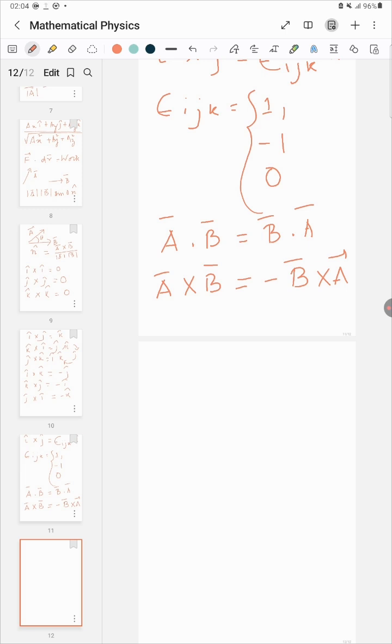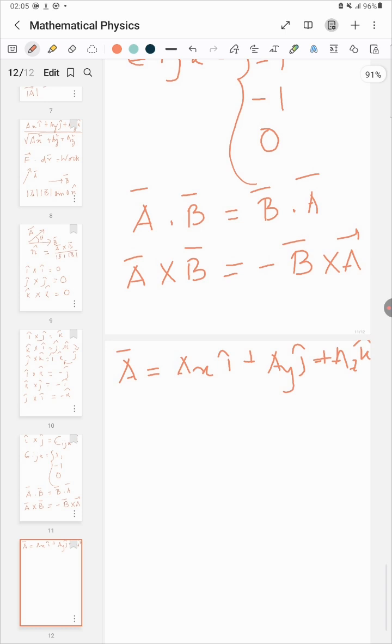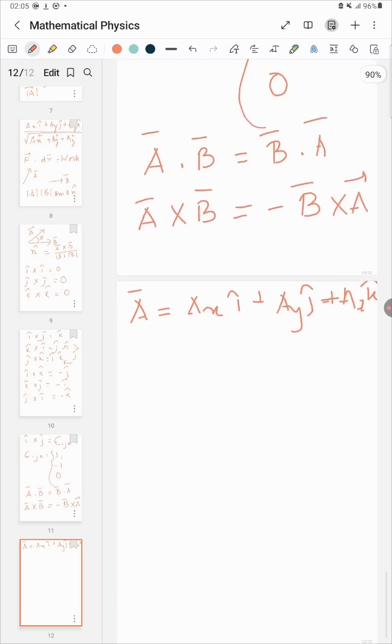So how do we find out? There's another way of finding out A cross B if A vector is of the form Ax i cap plus Ay j cap plus Az k cap, and B vector is of the form bx i cap plus by j cap plus bz k cap.